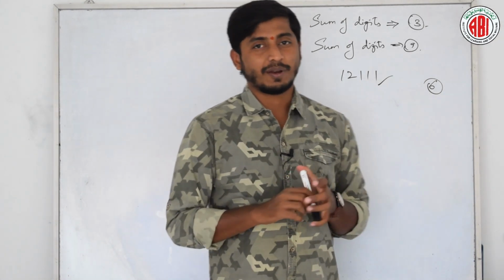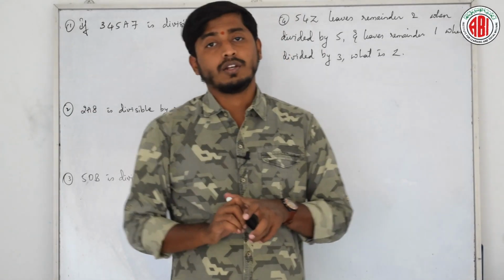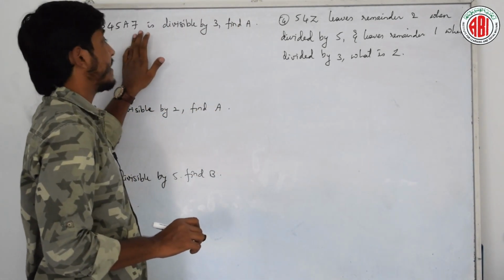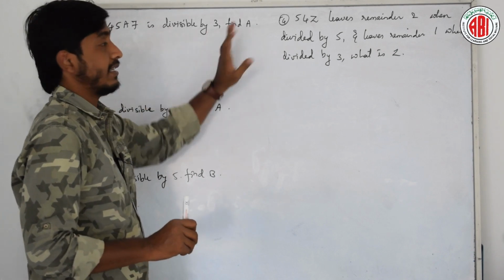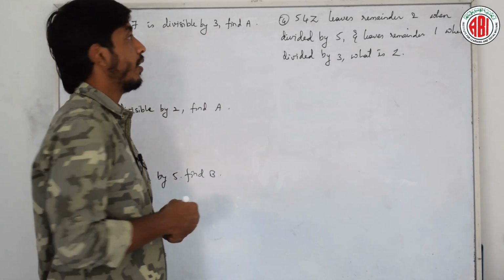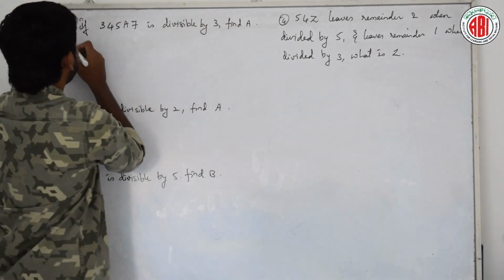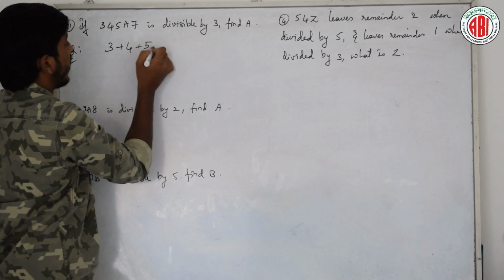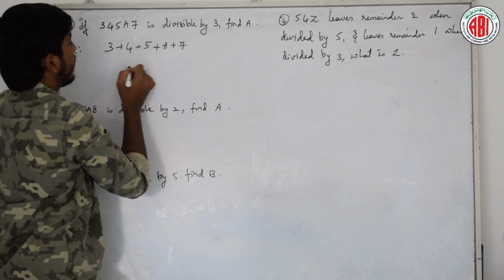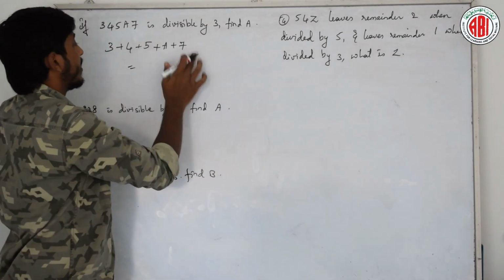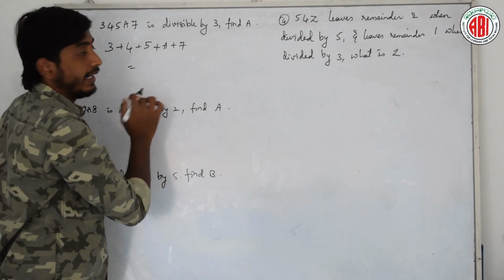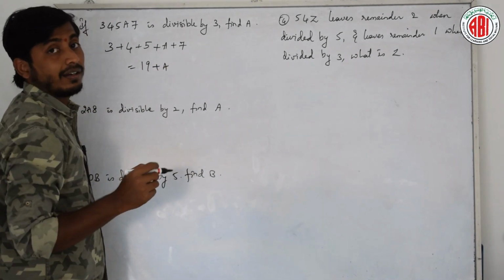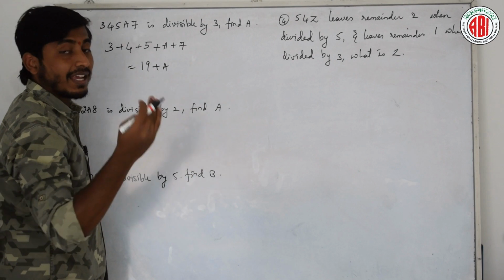Shall we do a few problems on this? Let's do. Look at the questions here. He gave if 3, 4, 5, A, 7 is divisible by 3, he is asking us to find A. How? First, add all these. 3 plus 4 plus 5 plus A plus 7. How much is it? 7 plus 3, 10, plus 9 is 19. Which number is divisible by 3 just after 19?